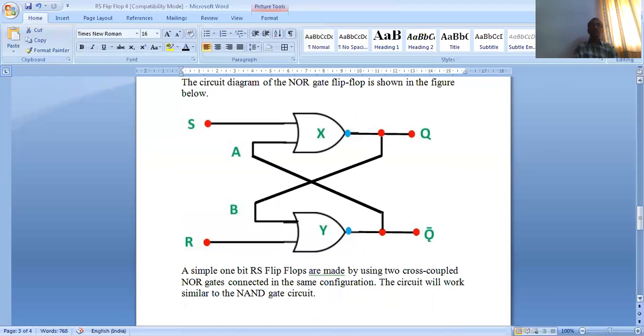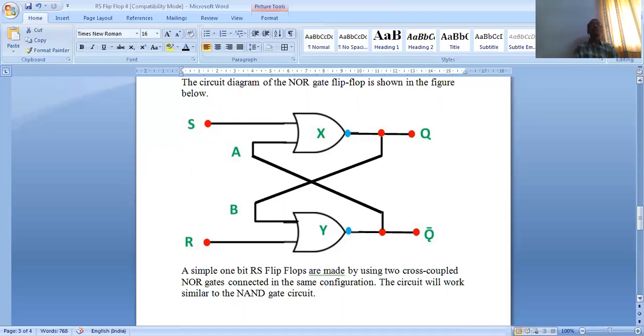Again, I want to tell all the BSc third year students that the difference between OR and AND, NOR and NAND is a single line. In the case of the NAND gate, where the input is connected, the line is straight.